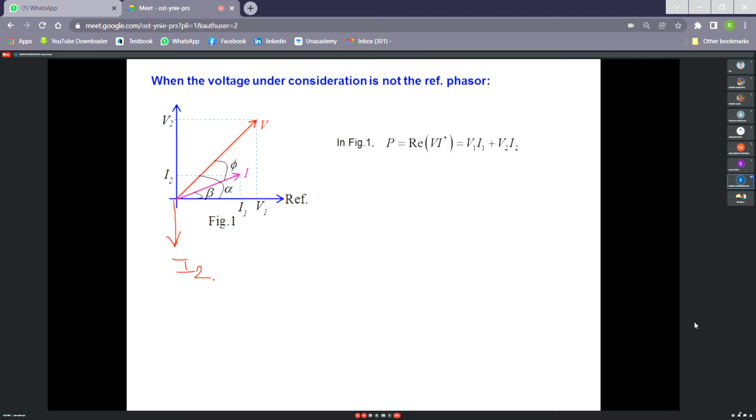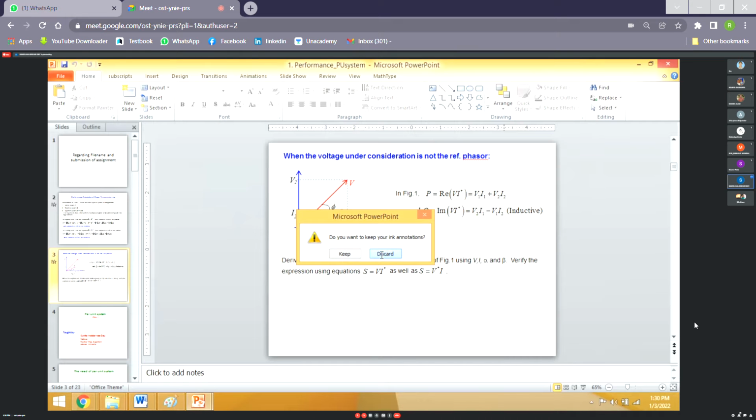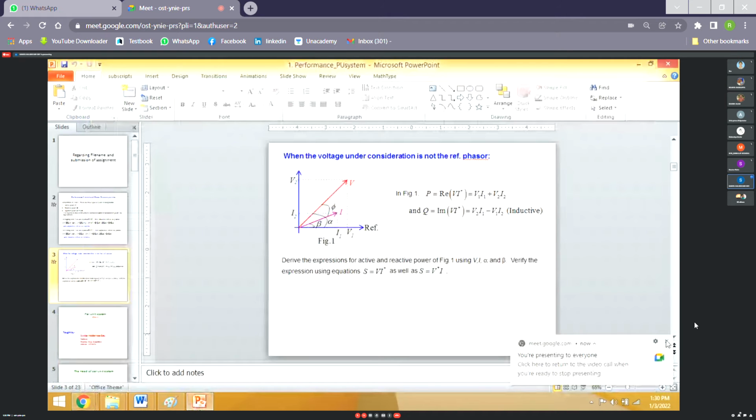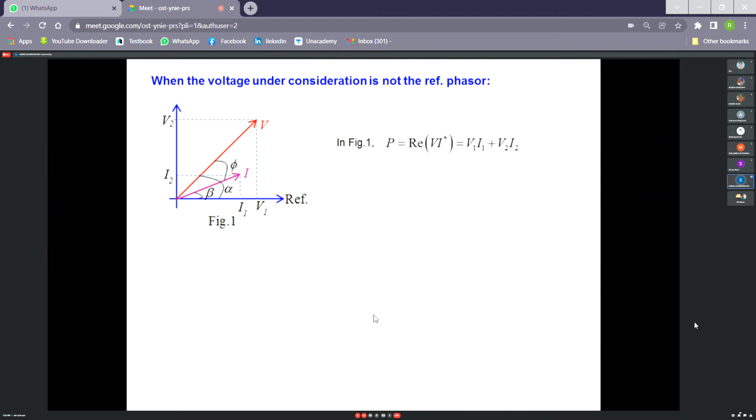You can think about the synchronous generator and synchronous motor in that way. Then for active power there is no issue. A load will never become generation, so it will be either load or generation. Otherwise both will be negative or both will be positive. So here it is load, so V1 I1 and V2 I2 give the active power.